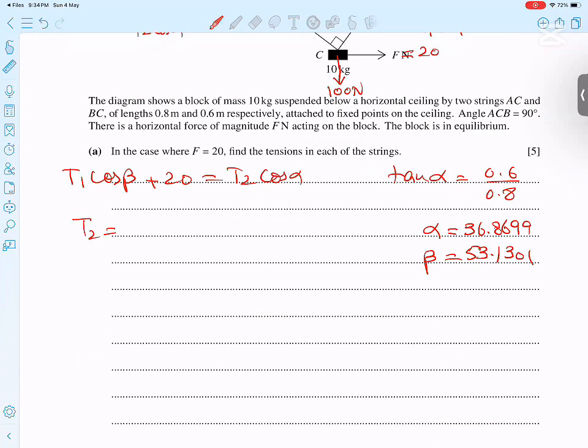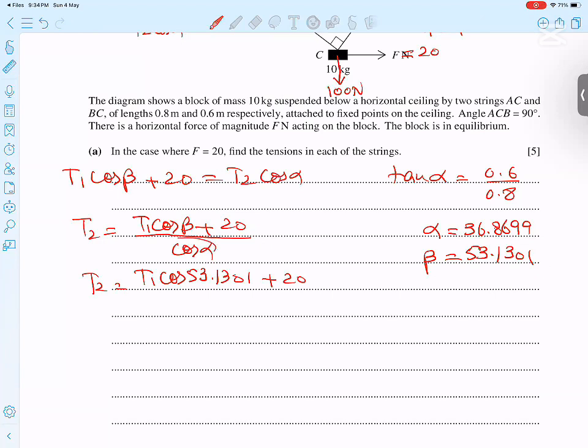So when it divides, it will look like T1 cos beta plus 20, over cos alpha. Now I plug in the values, students. T1 cos beta is this. So when I type it, cos 53.1301 plus 20.